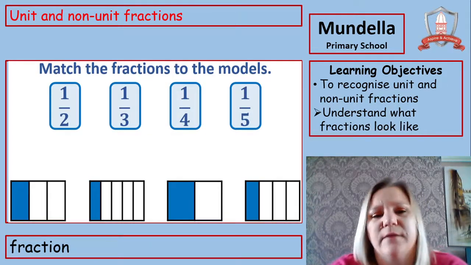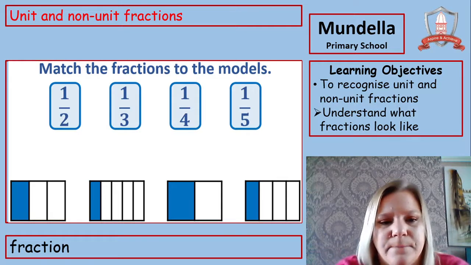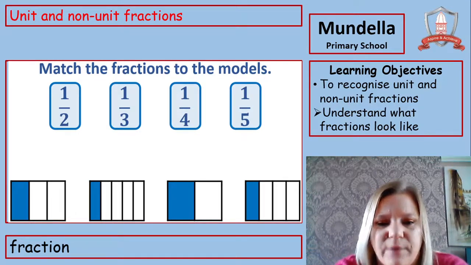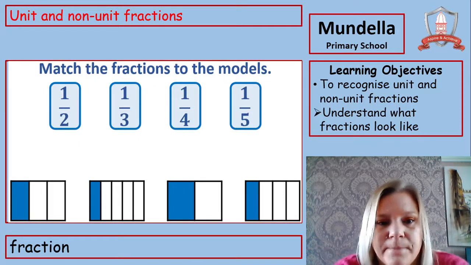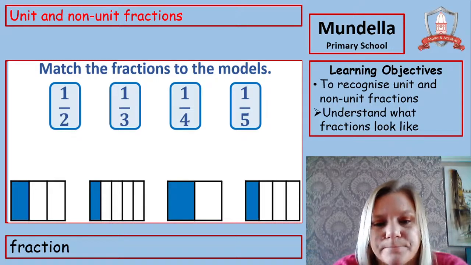So if we have a look at these fractions down here, each one of these represents a whole. Could be chocolate bar, could be apple, could be pizza, whatever you like, okay? So each one of these is a whole one. The bottom number of our fraction, our denominator, tells us how many equal pieces each thing has been broken up into.